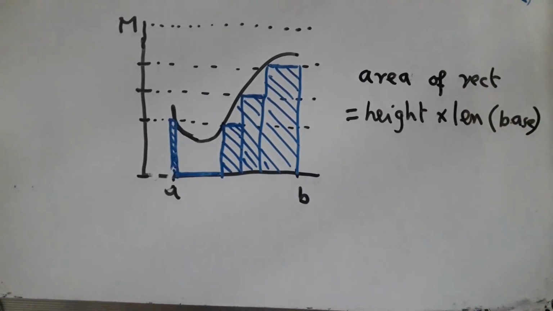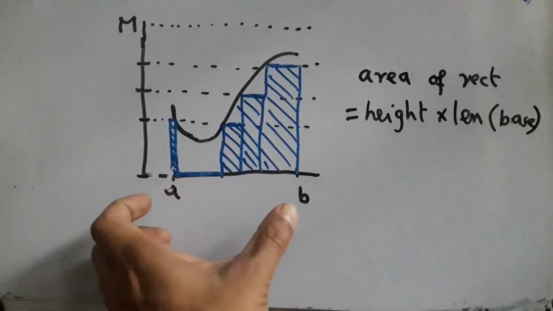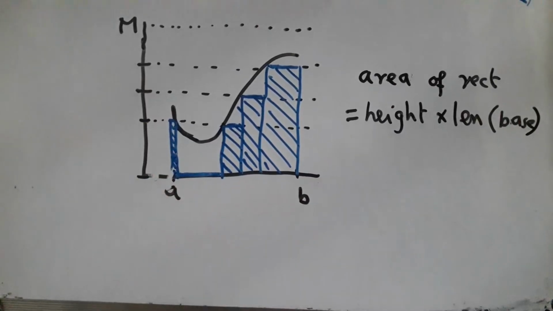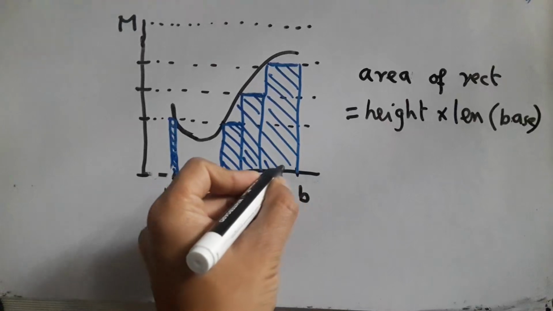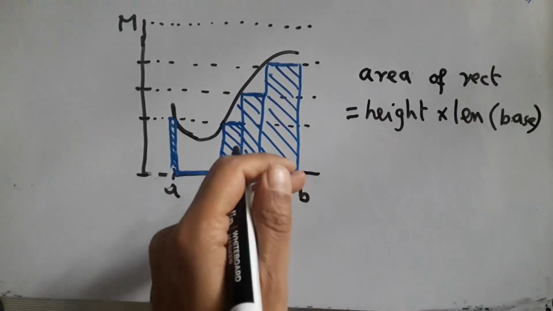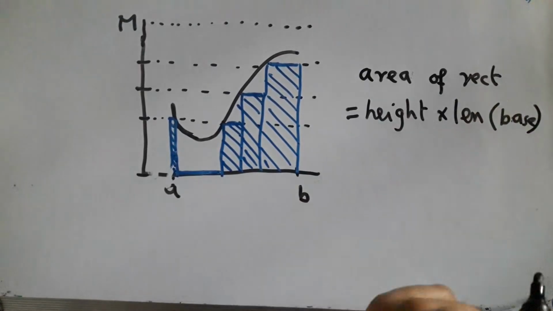Now in the last few videos we have seen that not all subsets of R, or in this case all subsets of the interval a to b, have a valid concept of length associated with it. So we have to choose our bases in such a way that our bases are of that special type.